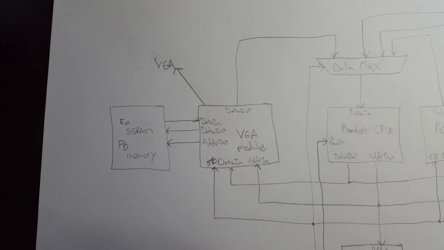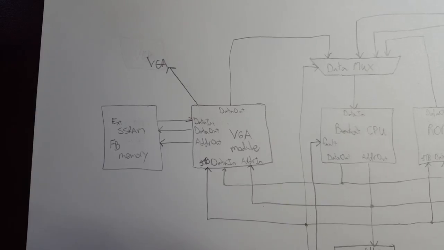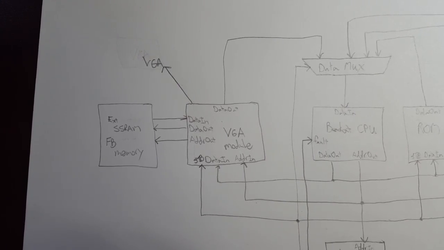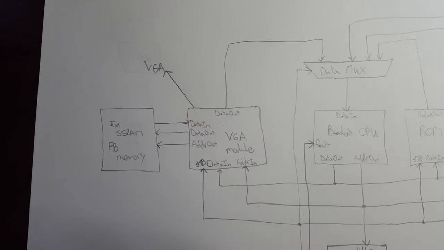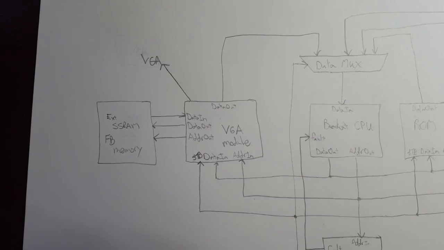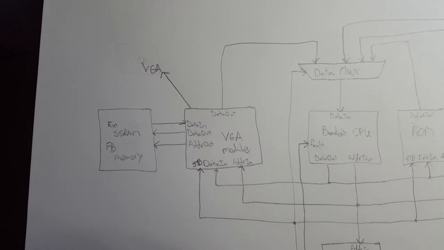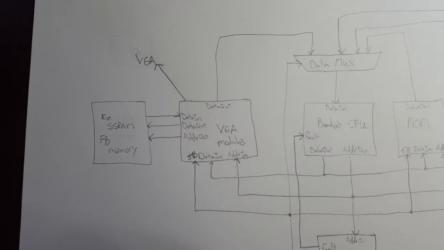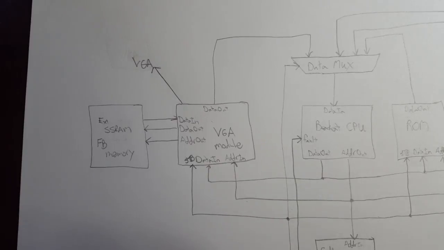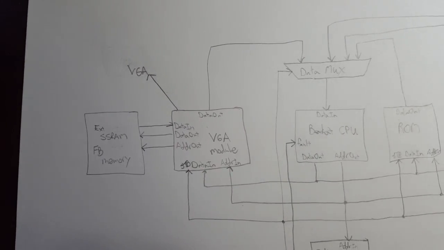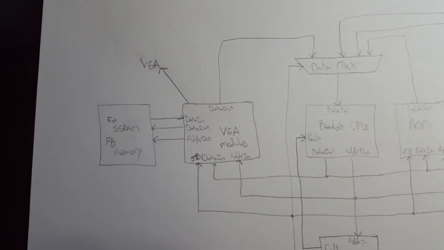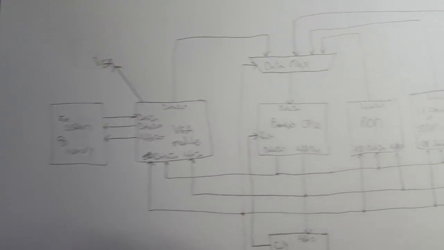So instead of having the frame buffer be accessible directly by the CPU, it passes all those requests through. So the CPU can access the VGA module, both the control signals and the frame buffer and the palette map and all of those sorts of things, but it interacts with the top-level VGA module, and inside that it has some arbiters and so forth when it needs to. So when we talk about the VGA module, we'll dig into that a little bit more.